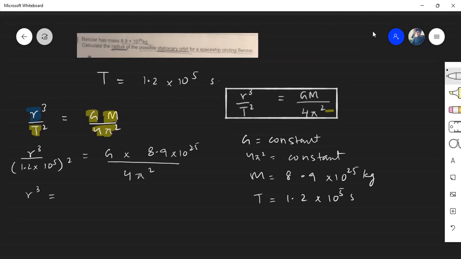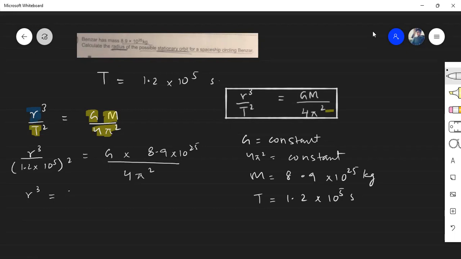So R cube comes out to be, let me use the calculator, G times 8.9 exponent 25, multiplied by 1.2 exponent 5 squared, and 4 times pi squared.